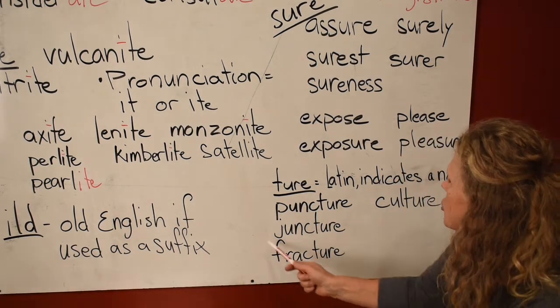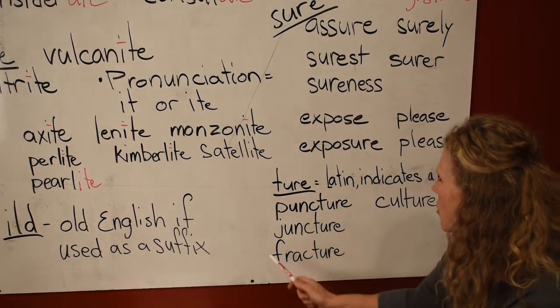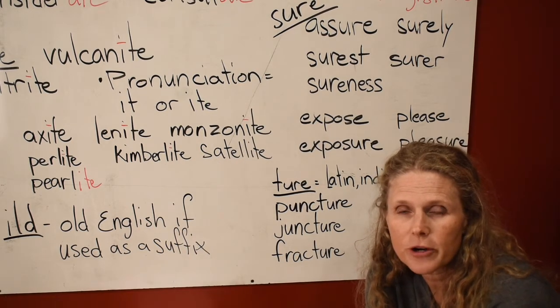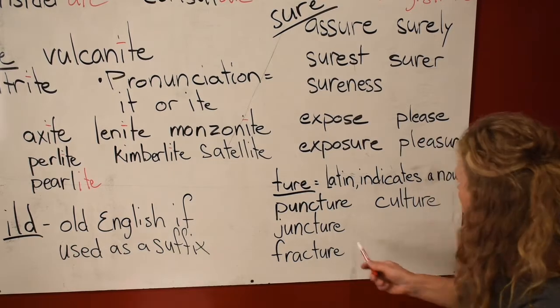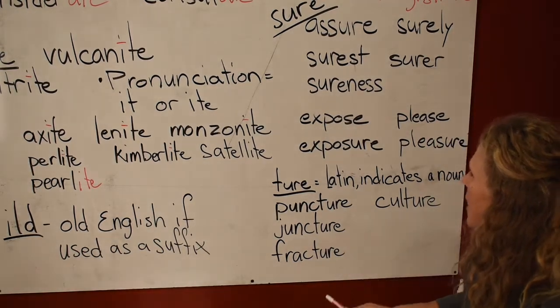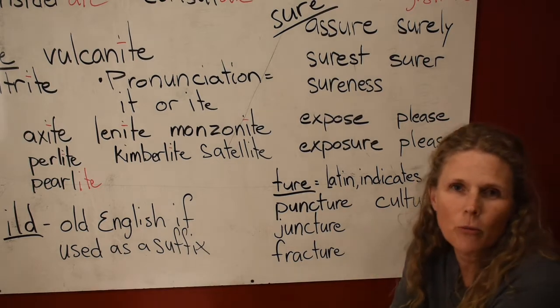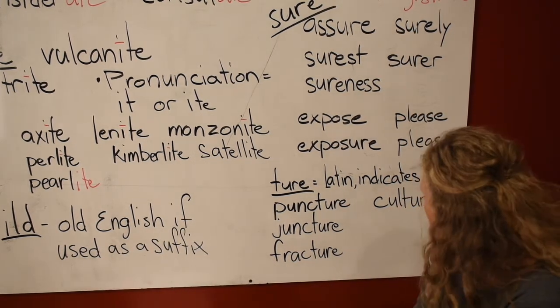Okay, so juncture, fracture. Okay, let's do this. The fracture in his leg made it difficult for him to walk. So see how that is an actual act, culture. This would be probably more to do with the law and government.